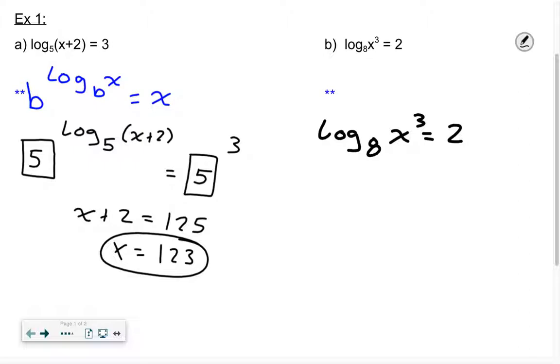It's taking that exponent and bringing it down in front. So there it is. Now what do you suppose we want to do? Because again, the idea is we want to solve for x here. So we got to get rid of this 3 and we got to get rid of this log base 8. So the next thing we want to do is get rid of that 3.